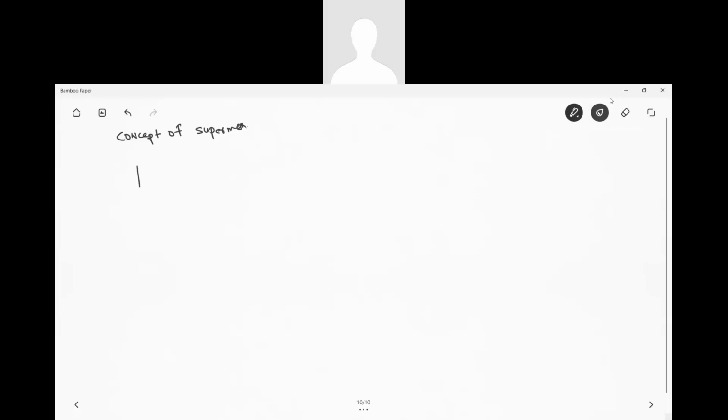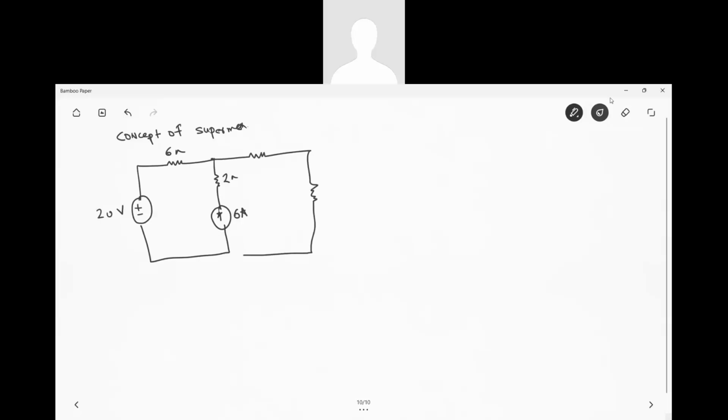See, when you have a circuit like this, this is your plus minus 20 volts over here, and here you have 6 ohms, 2 ohms, this is your 6 ampere current source, you have 2 ohms here, and 10 ohms and 4 ohms.